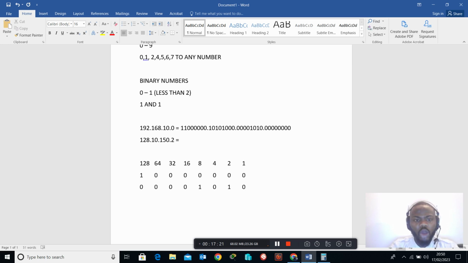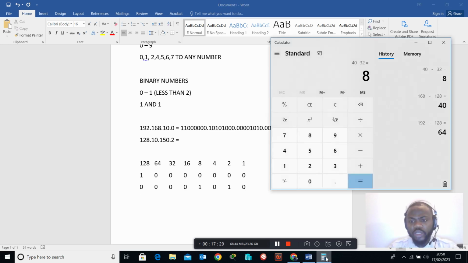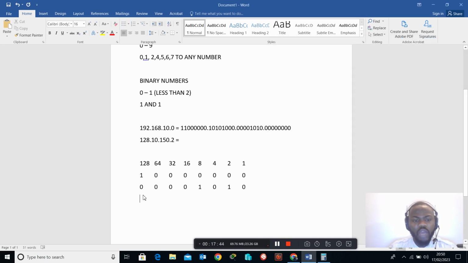So now the third one, which is 150. For 150, let's use our calculator for this. We know 150 is greater than 128. So we are going to say 150 minus 128. We are left with 22. So this is on. 64 is greater than 22.